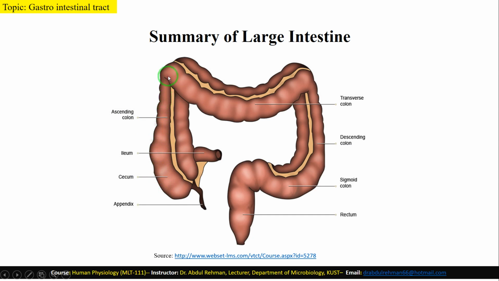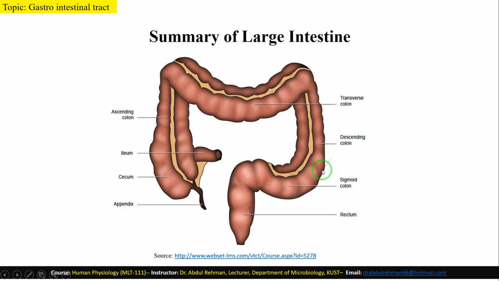At the end, the ascending colon turns at a 90-degree angle and gives a structure called the transverse colon. Here, maximum absorption of water, salts, and vitamins takes place. At the end, the transverse colon turns at a 90-degree angle downward at the lower end of the abdomen and gives a structure called the descending colon.